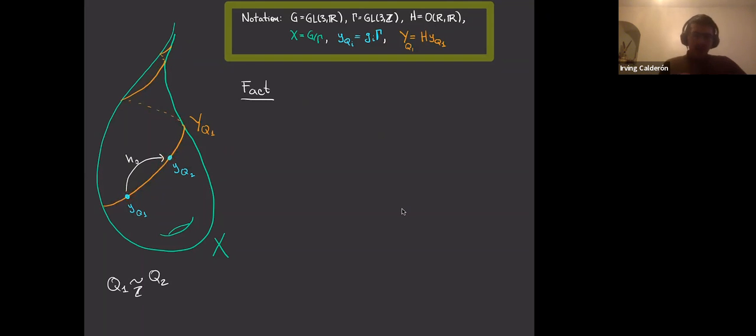And to complete this dynamical picture, or to justify that the picture is as nice as it looks in here, let me say that Y_Q1 is closed in X, and the reason is that Q1 is integral.